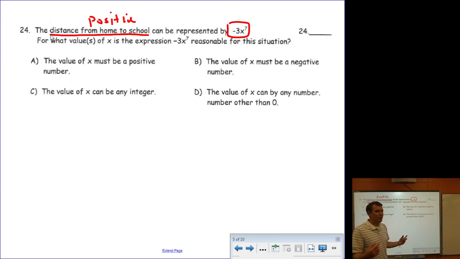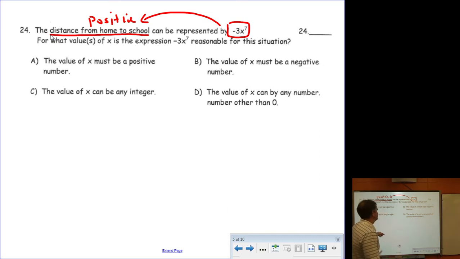And we want to know what values of x make sense for this expression. Well, the only values that make sense are those that make the expression positive, because it represents the distance, and distance has to be positive. So what you're really being asked here is, what values of x make this expression positive?